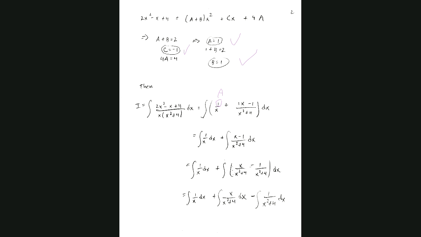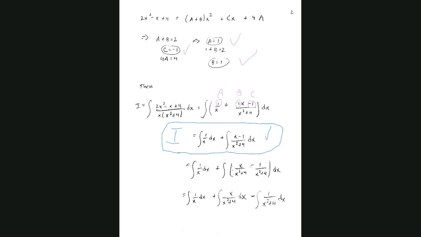So the 1 in front of the x is the coefficient B, and the -1 is the coefficient C. And so this is where we left off, right here. That's where you're continuing your notes from.